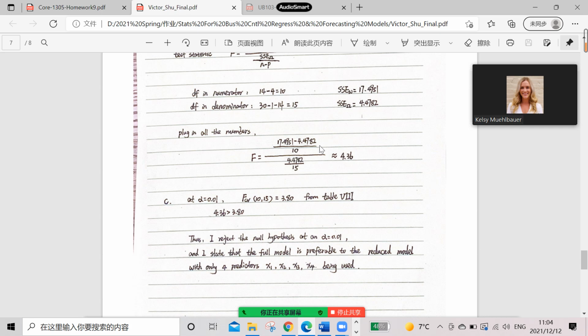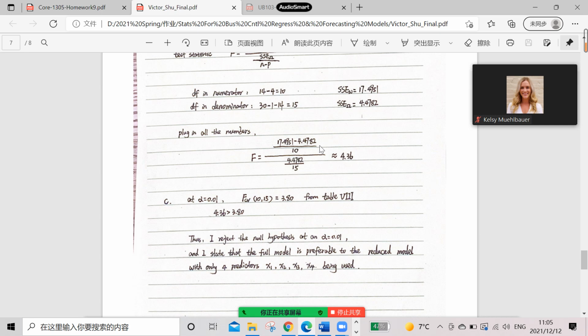Yeah, because why do I have my null hypothesis? I think 14 predictors is too much. Everybody likes simple things, right? So I came up with a second model with only 4 predictors.